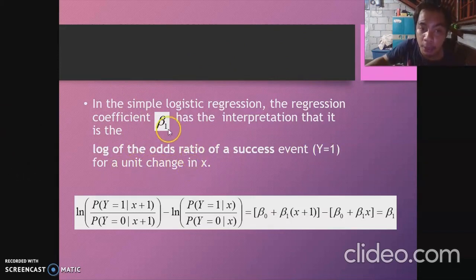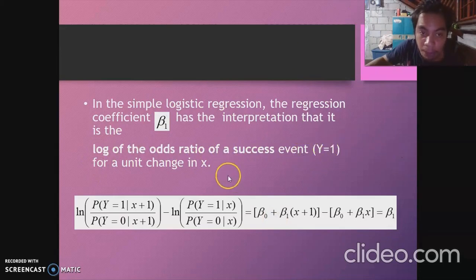So, ito pong ibig sabihin niyan, pag mayroon po kayo sa logistic regression, yung coefficient 1 niya, ay ibig sabihin po niyan is the log of odds ratio of success of event of y equal to 1.